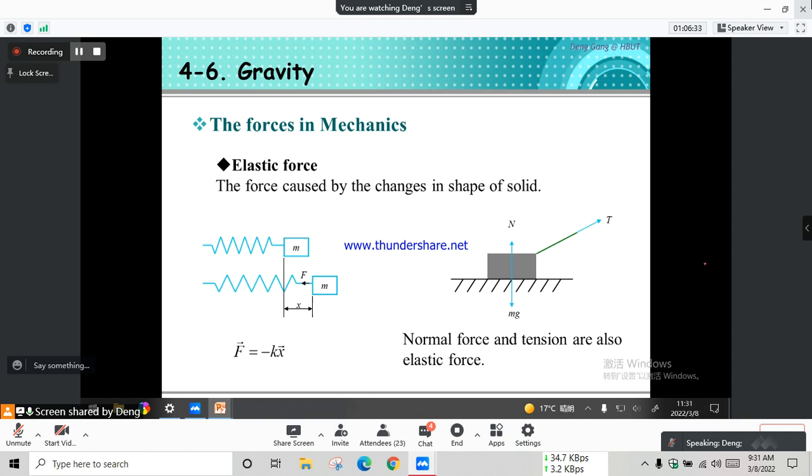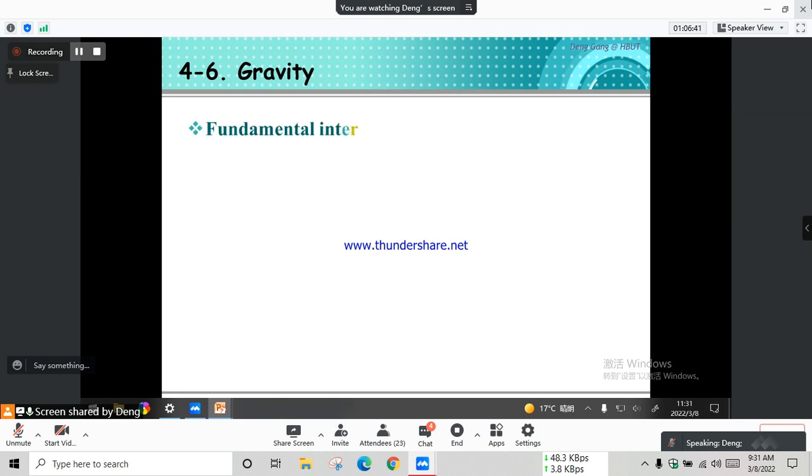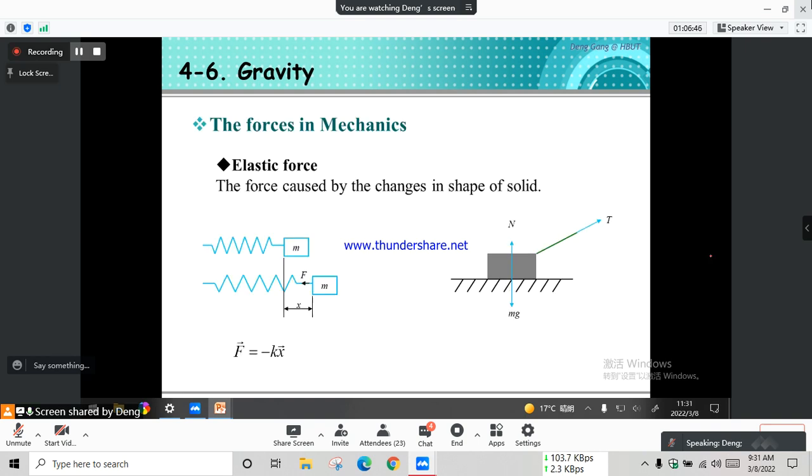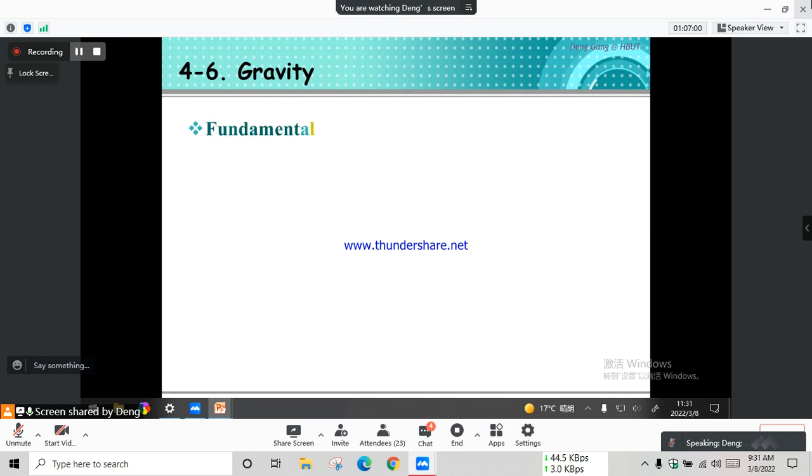There are elastic forces, the force caused by the change of shape. It wants to go back to its original shape. So that's elastic force. And actually, friction, you can understand as a microscopic elastic force. It's almost the same, but slightly different.